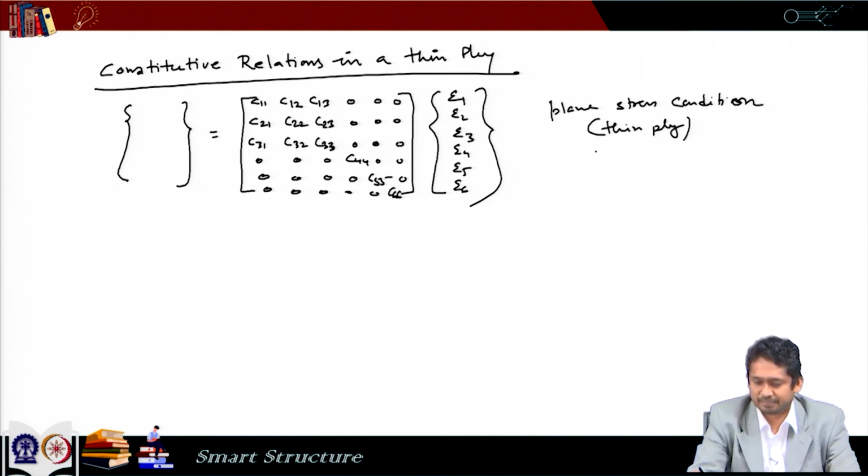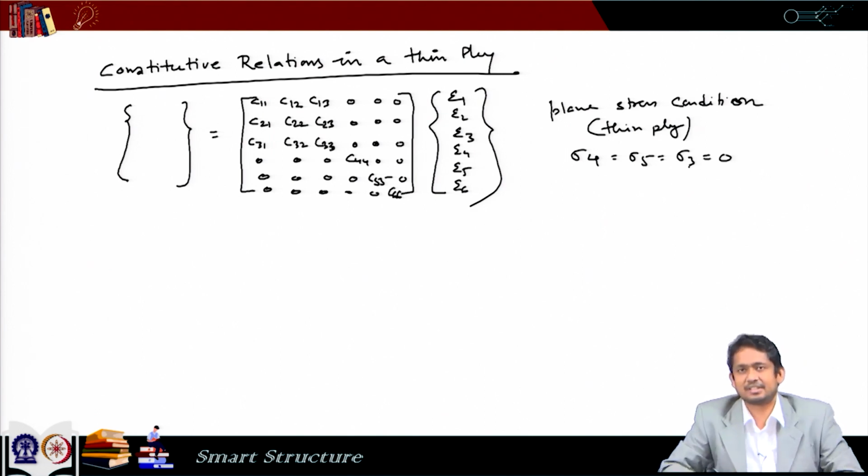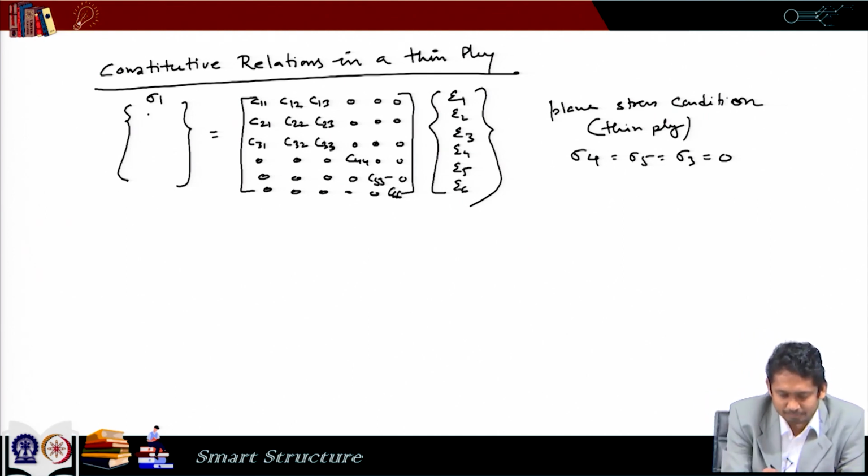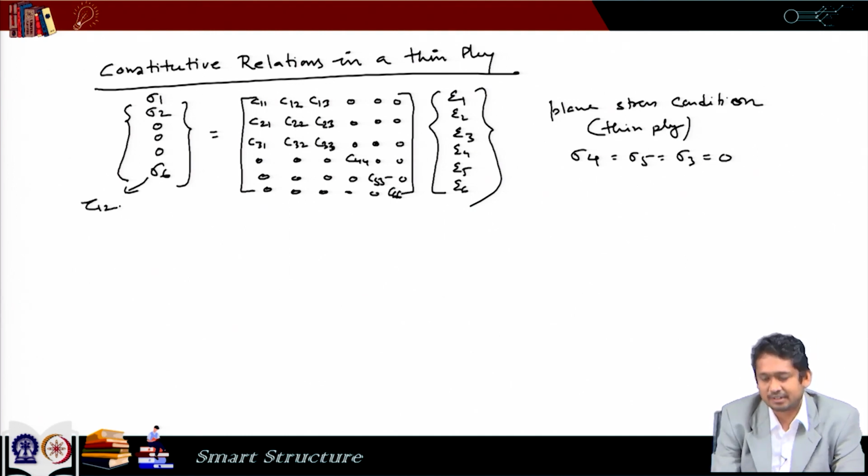So, when it is plane stress condition, we can say that sigma 4 is equal to sigma 5 is equal to sigma 3, they are all 0. So, any stress in the direction 3 is 0. So, we have sigma 1, sigma 2, then 0, 0, 0, and sigma 6, and sigma 6 as we know is nothing but tau 12.